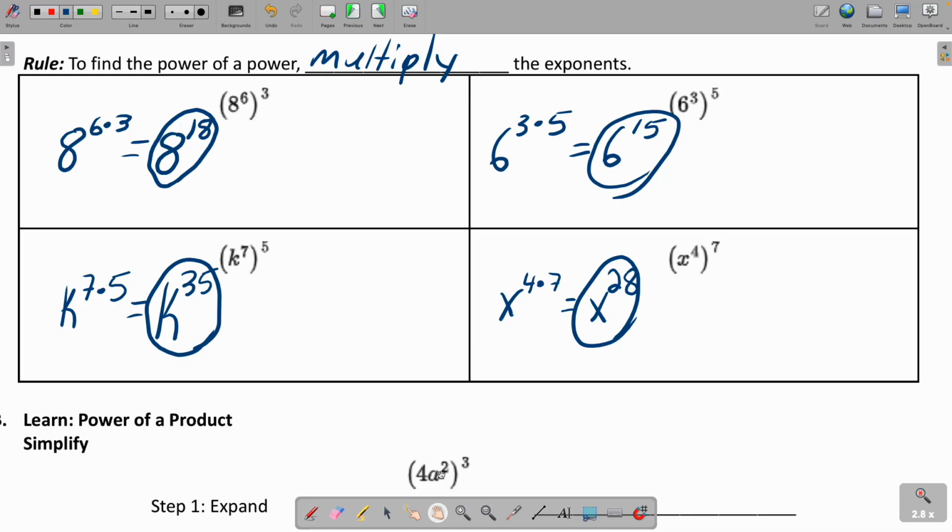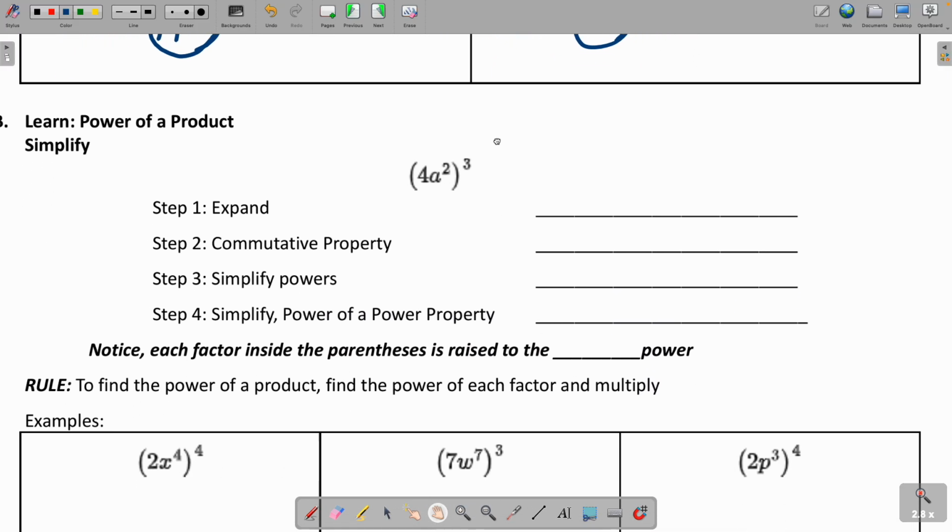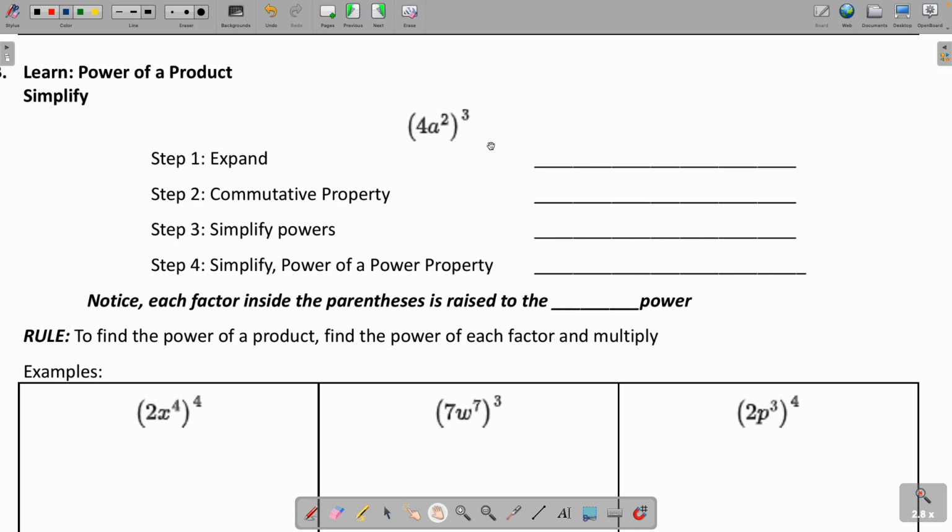So now we're going to do power of a product. It's power of a product because inside these parentheses where we have this power of 3 here, they're multiplying these things that are inside. So it says expand. We're going to do the same thing that we just did.